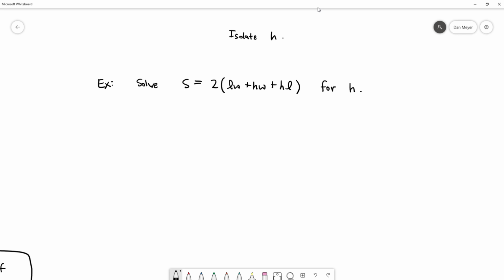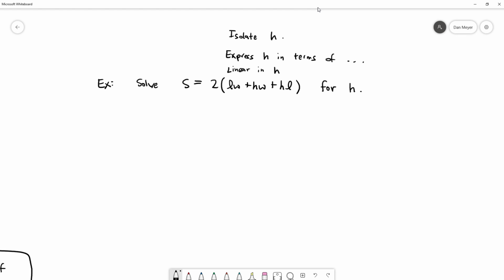Another way of stating this is to express H in terms of all the other variables, S, L, and W. Now this particular equation is linear in H, and so we're going to be able to isolate H. Let's go ahead and do that.